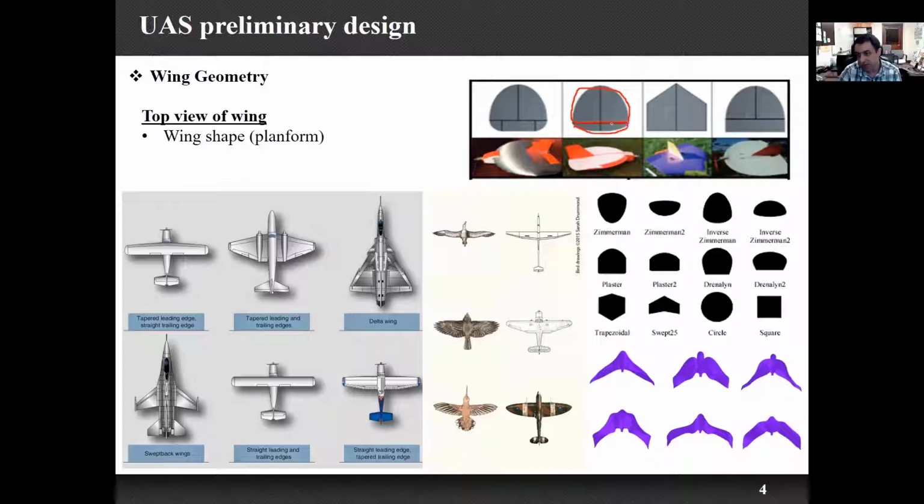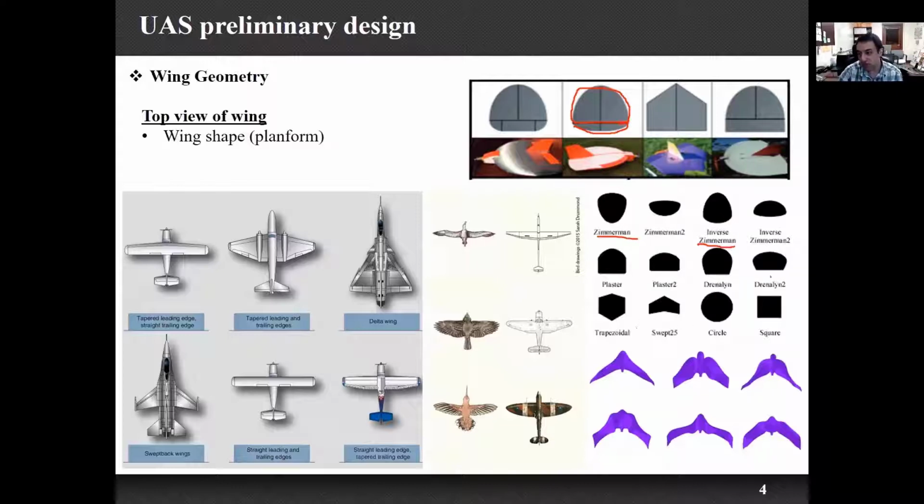These are two half ellipses, and they make the Zimmerman or inverse Zimmerman planforms. The ratio of these parts, their chord lengths or radii, are different, so they are not the same. Otherwise you would have an elliptical wing shape. Since we have two half ellipses with different radii, here we have a Zimmerman or inverse Zimmerman wing shape.